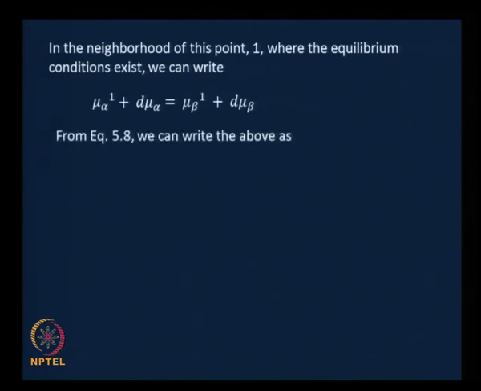Of course, from 5.8, the previous equation, we know that mu alpha 1 equals mu beta 1, therefore they can be cancelled, and therefore d mu alpha equals d mu beta, the differential of mu alpha equals the differential of mu beta. Let us call that equation 5.9.